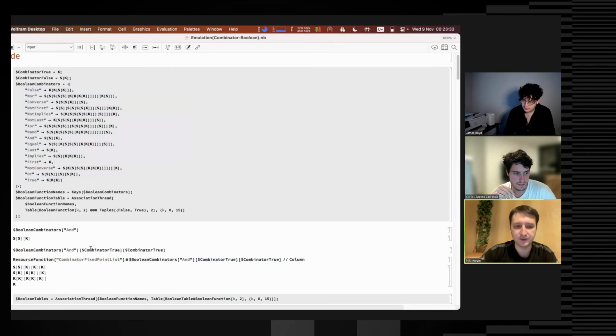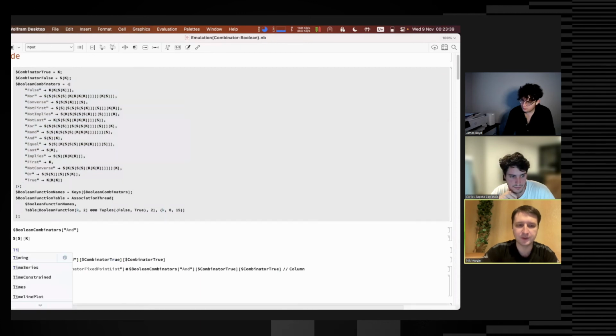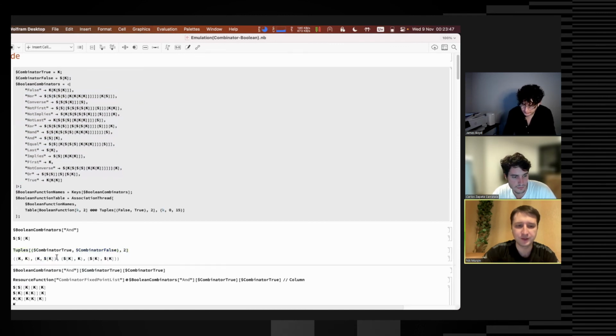For example, if you want to try, let's make all the tuples of those true and false combinators, right? This is all possible inputs to binary Boolean functions.